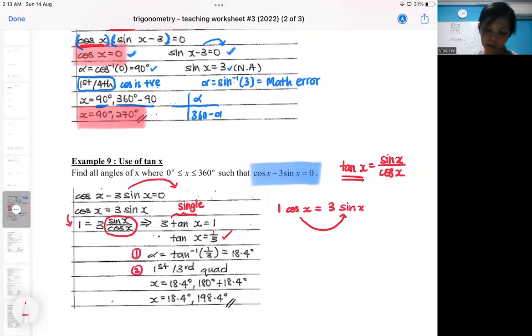Basic angle, ASTC, check the range, and then this will be my answer. So I execute in the first and third quadrant. Okay, so the 4 steps are based on a single function. So where you see more than one function, there must be a formula to reduce.